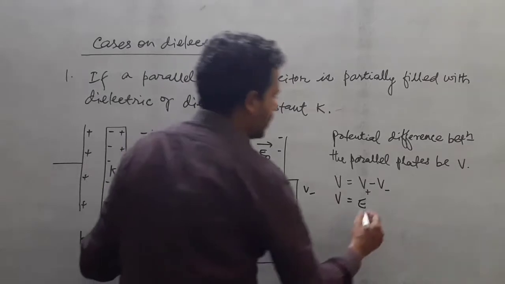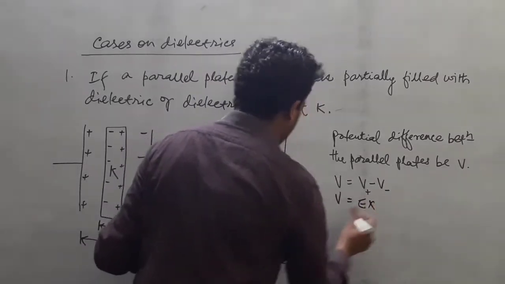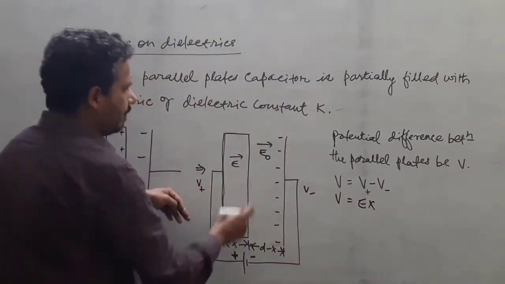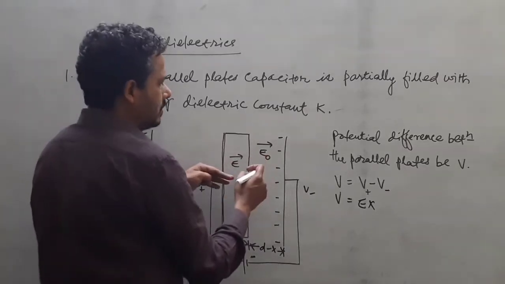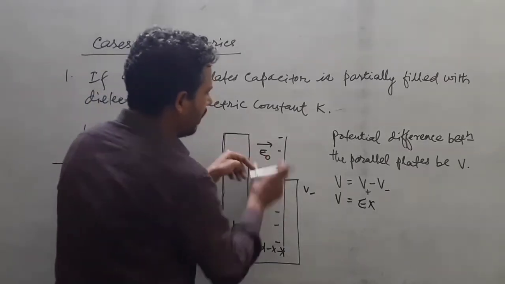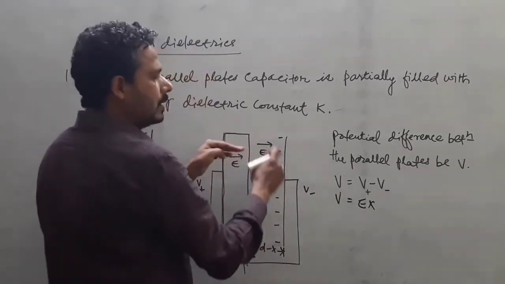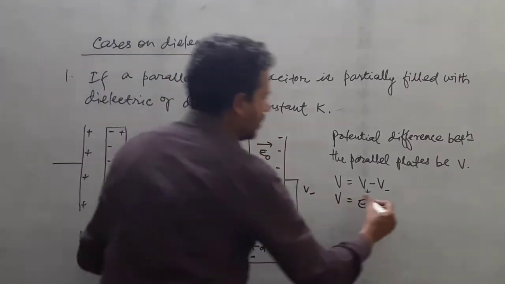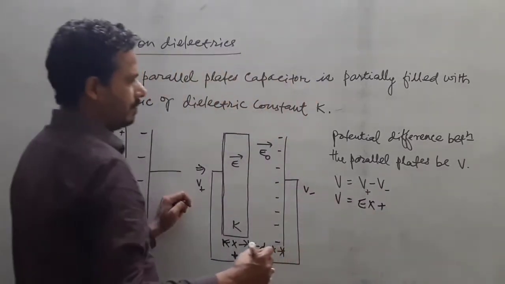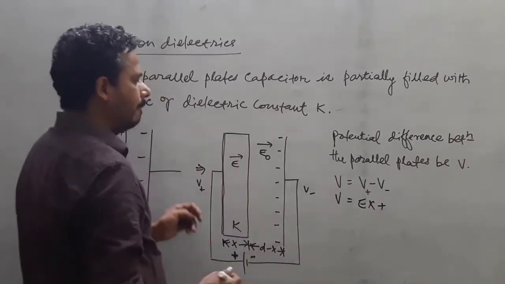So E times X. Because the electric field in this dielectric is in the direction from left to right, and in free space it is also from left to right, both are in the same direction, so there is a positive sign.